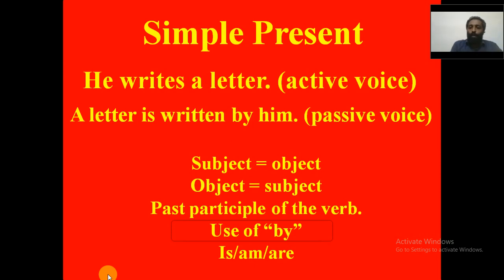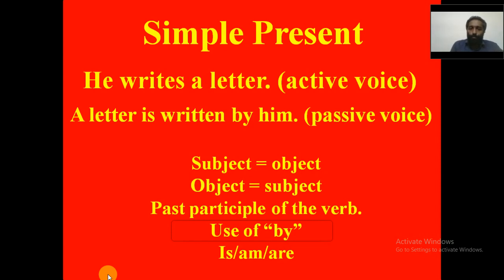Use of by him, and the change that happens here is either is, am or are will be there in the simple present. If it is a letter, we use is written. If it were to be letters, it would have been are written by him. Letters are written by him. So these are the 5 changes that will happen when you are converting a simple present from active into passive voice.